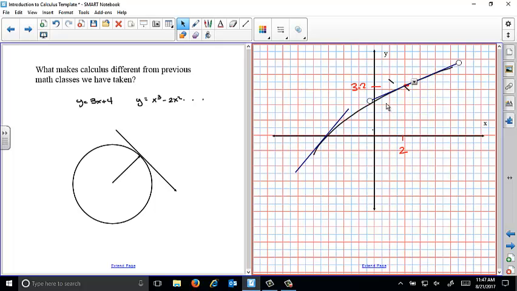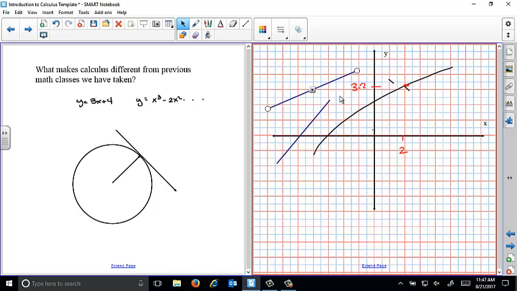But at this point on this curve, this is the tangent line. And over here, this is the tangent line. This line has a slope, and this line has a slope. And we would say in general, they're both positive slopes. The rise is positive when the run is positive. And this curve would have a higher slope than that slope.